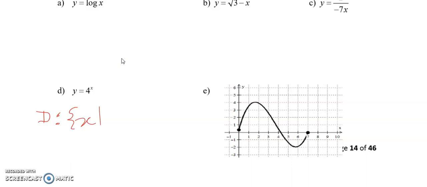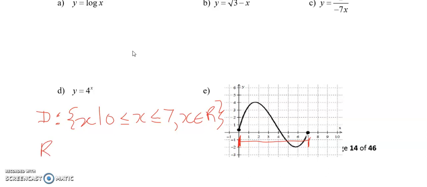You can see that the smallest it gets is 0, but the biggest it gets is 7. So all the x values between 0 and 7. And here's the easiest way to write that down. Write the 0 first, and then less than or equal to, and then write your x, and then less than or equal to again, and then the bigger number is 7. Now, and it's all real numbers in that range. You see that? So any x value between and including 0 and 7 are on that graph.